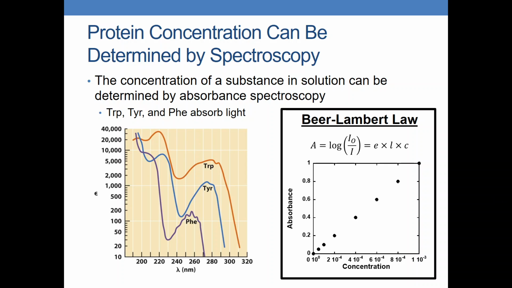So we tend to rely on tryptophan and tyrosine. What you're looking at here is a plot of the extinction coefficient as a function of wavelength. And I really want to impress upon you that the extinction coefficient is simply a probability term. This is the probability of absorbing a photon of light at a specific wavelength.